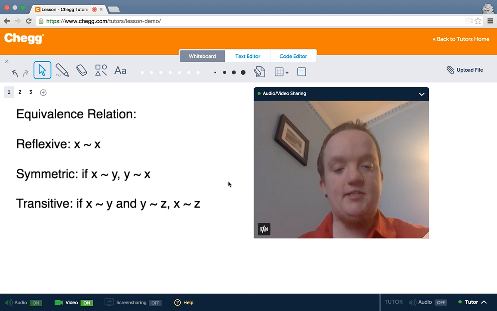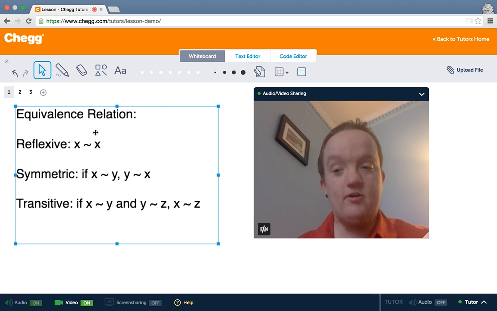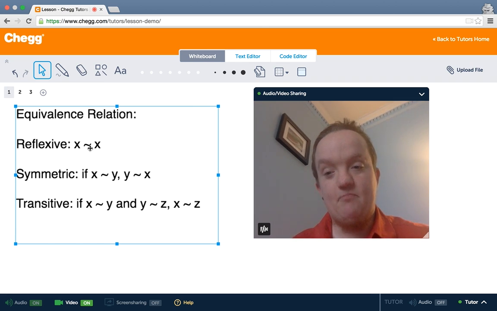You could take the set of names of fruits and define an equivalence relation on them based on, say, color. Two fruits are in the same equivalence class, or they're related to each other, if they're the same color. So is a banana related to a banana? Yes, they're both yellow.